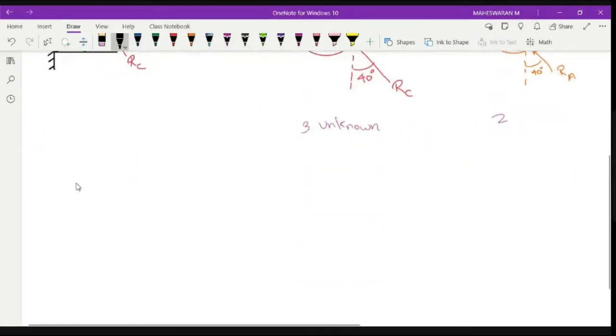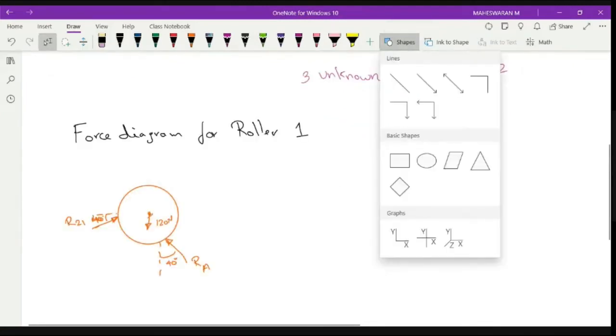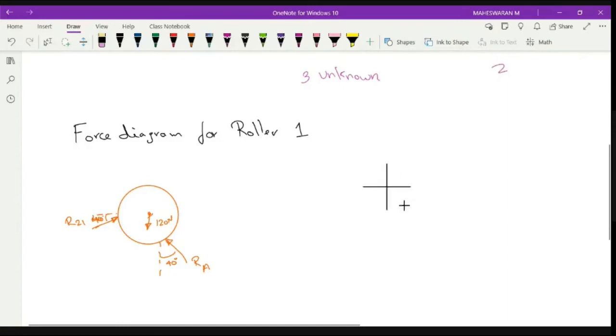So I'm going to draw the force diagram. As I told you, first you have to put a plus sign, something like this. Next, locate the forces one by one. I put plus here, here. This force is vertical, like this. This is 120 Newton.